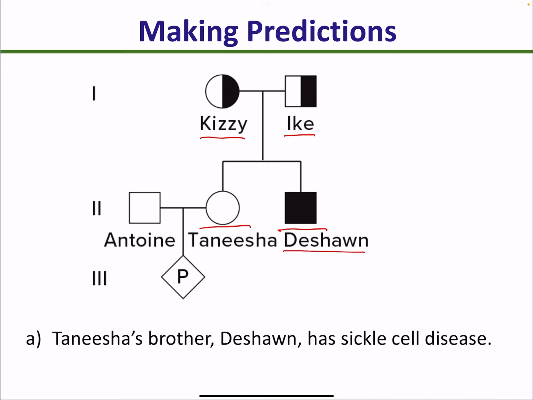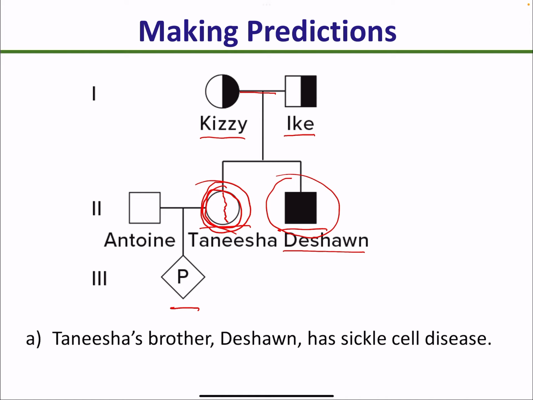Now, as these two parents are carriers, they can have an offspring that is affected, right? But now, for the individual that is unaffected here, what is the probability that they're going to have a child or a fetus that is a carrier? Well, for her to be a carrier, she has to inherit one allele from mom or dad, right?